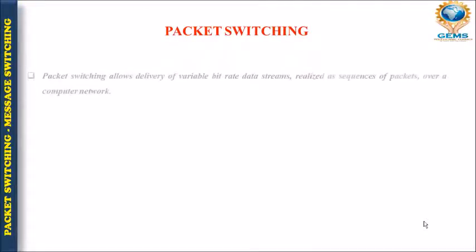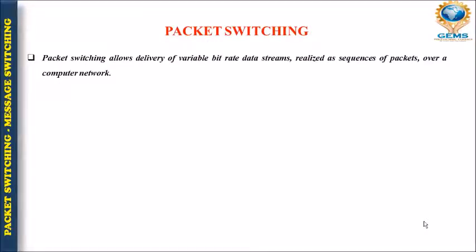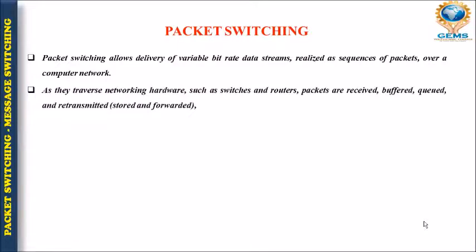Some more important points about packet switching: it allows the delivery of a variable bit rate data stream, realized as a sequence of packets over a computer network. So here the bit rate can be variable, as compared to circuit switching. In circuit switching we had an almost constant data rate, but here we can have a variable data rate of the stream.